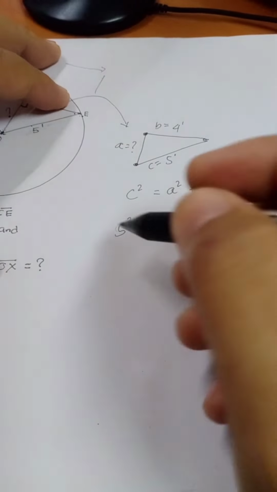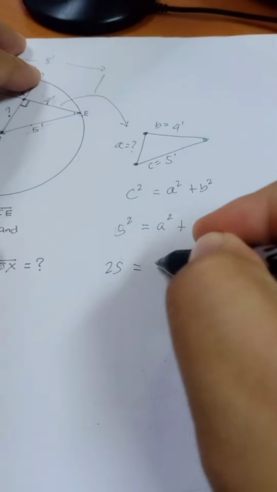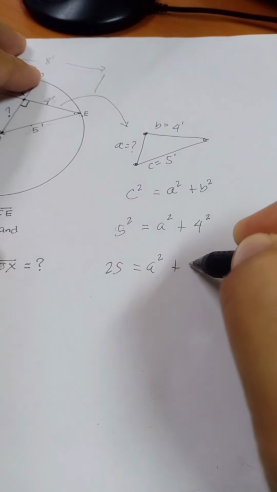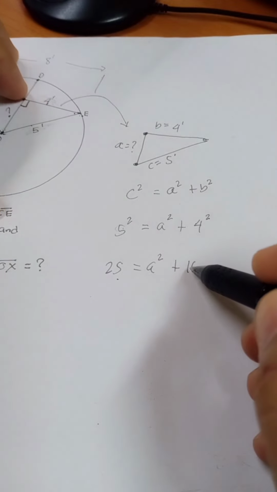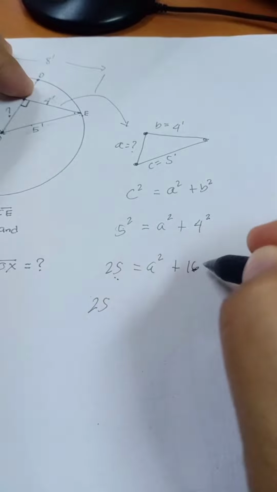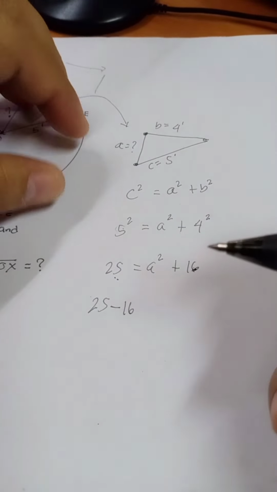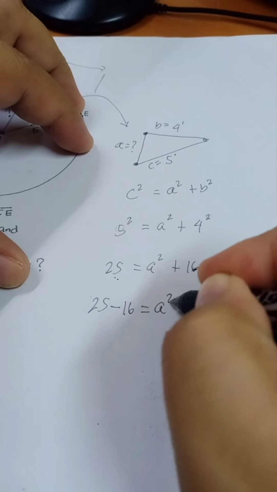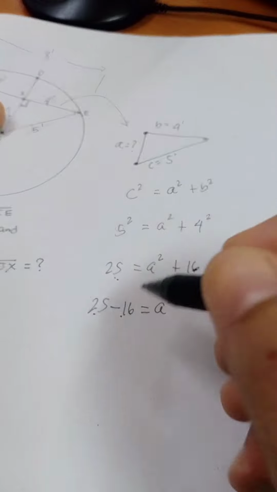Just simply do the math: 5 squared is 25, equals a squared plus 4 squared, which is 16. Then apply some properties of real numbers. You can move 16 to the left side of the equation, so it turns from positive to negative. That is the addition property of equality. Then just bring down a squared. 25 minus 16 is 9.